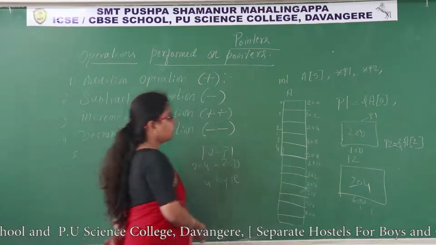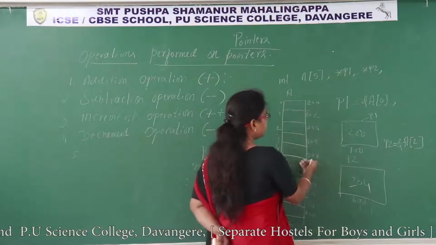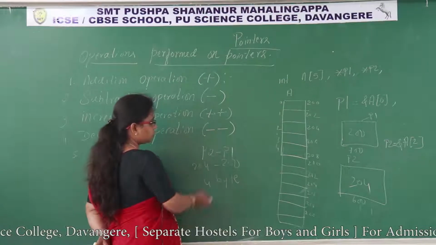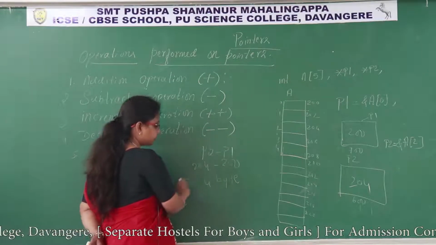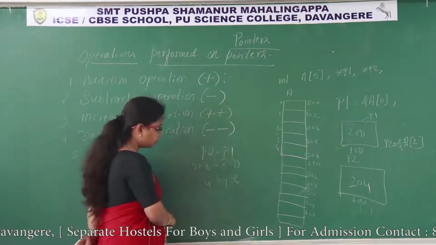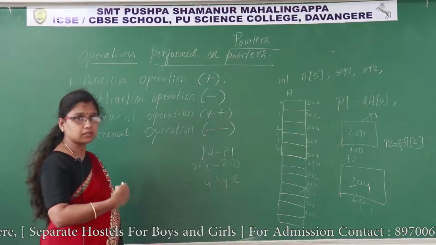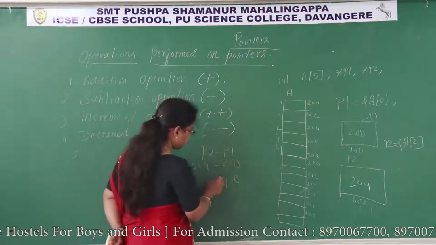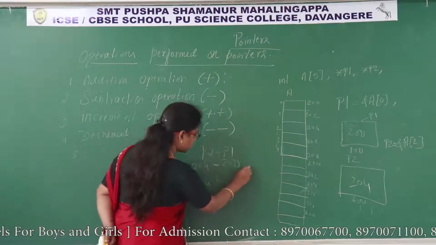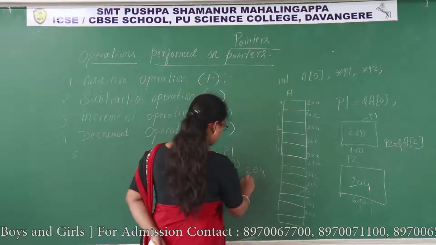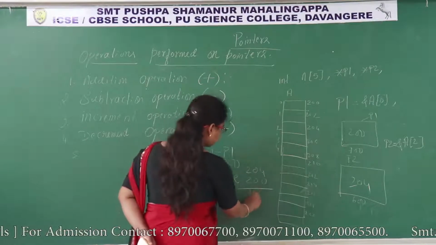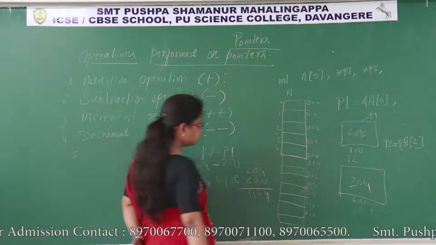If you add these 2 pointers, we can get another memory location, that is a valid memory location. P1 plus P2, what is there in the P1? 200 plus 204. You have to consider the bytes here, 204 and 200. So 404.